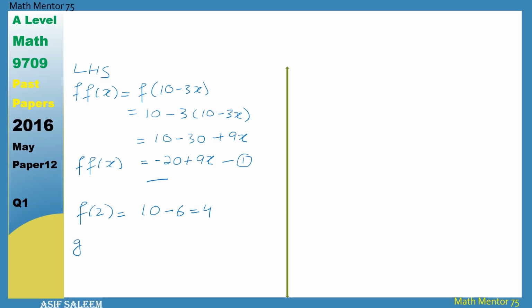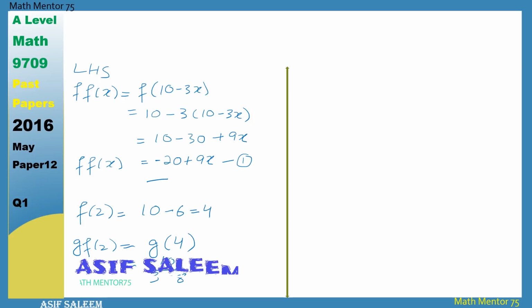Then g f of 2 is g of 4. Then replace x with 4 in function g. So we have 3 minus 4 to the 8, 10 over minus 5 minus 2. This is our right hand side. Now we have two sides, left hand side, right hand side.